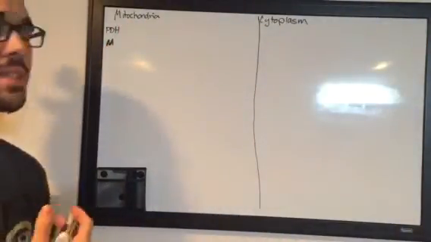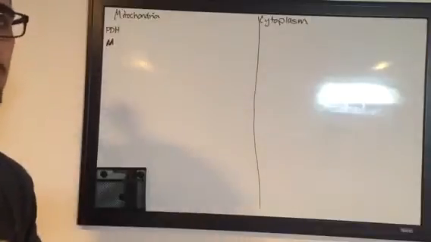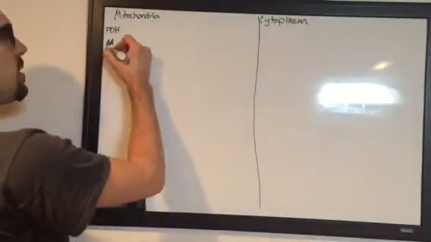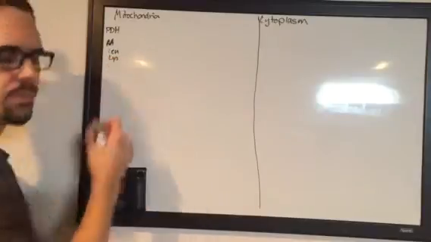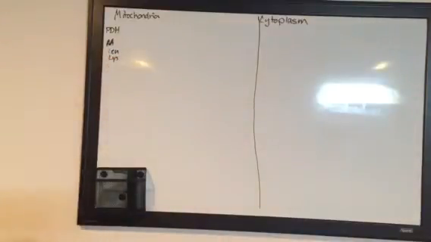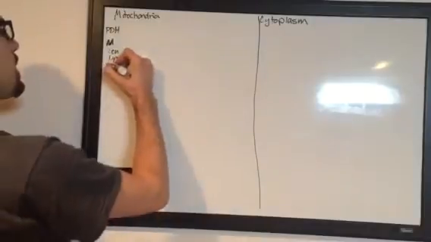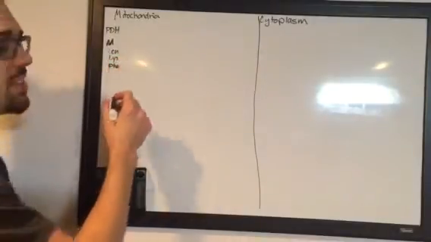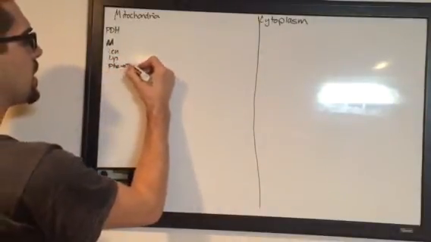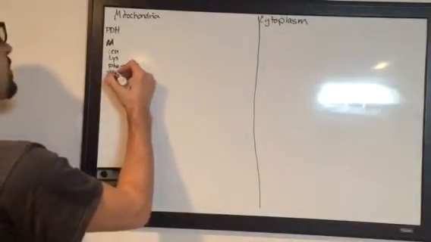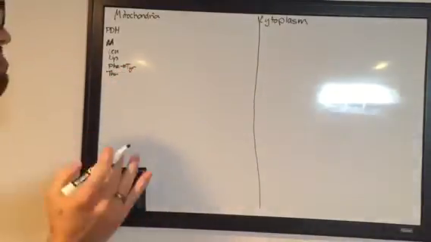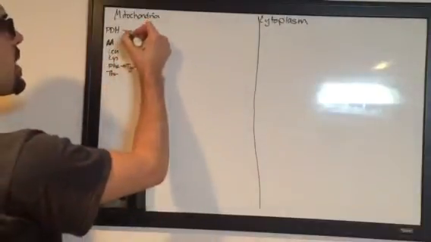We have several amino acids that will break down into acetyl-CoA or acetoacetyl-CoA. Those amino acids are leucine, lysine, phenylalanine, which is going to break down into tyrosine, which can be broken down into acetyl-CoA, as well as threonine.